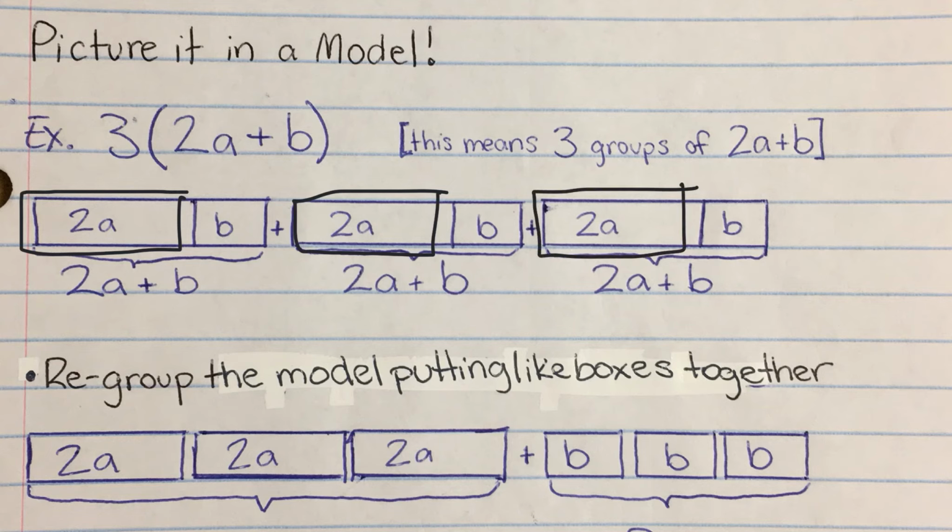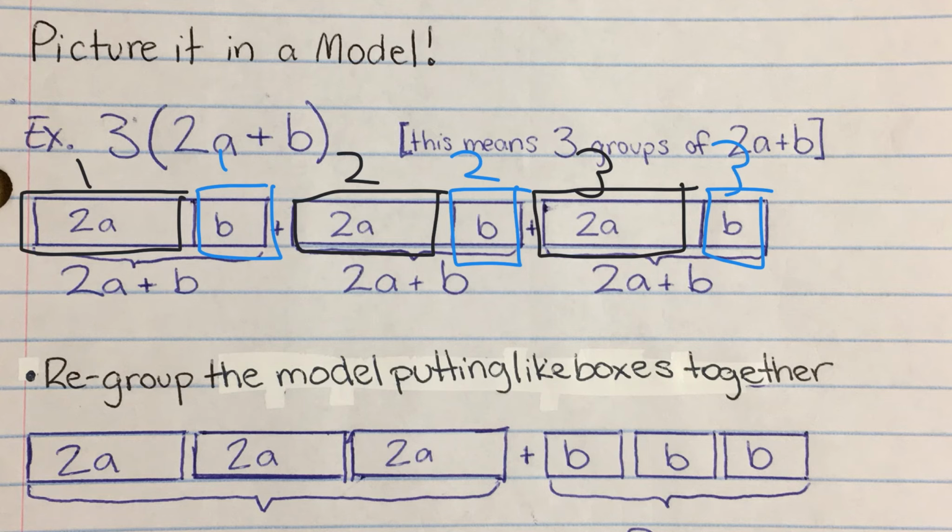So there are 3 of these. And in blue, I'm going to go ahead and outline the b's. We've got 1 group of b, 2 groups of b, and 3 groups of b. So we've got 1, 2, 3 groups of that as well.